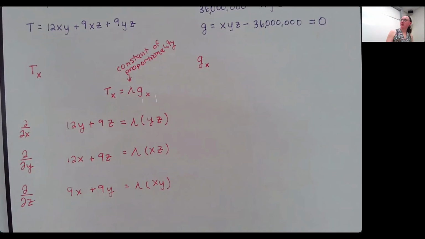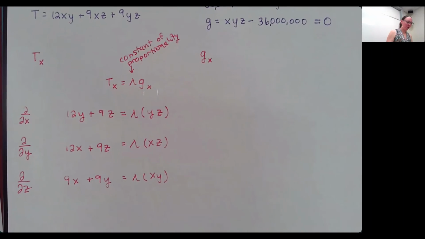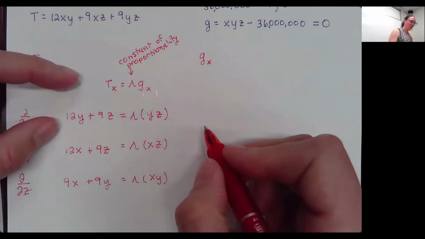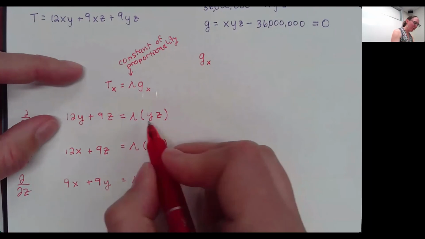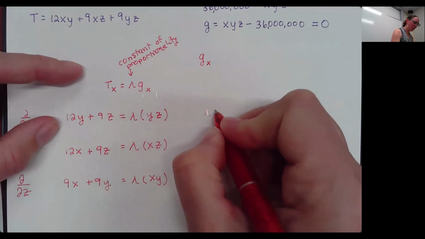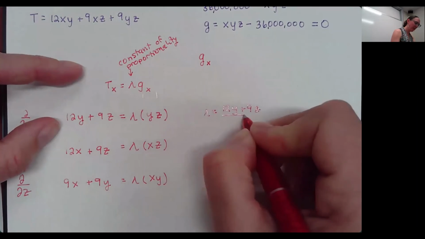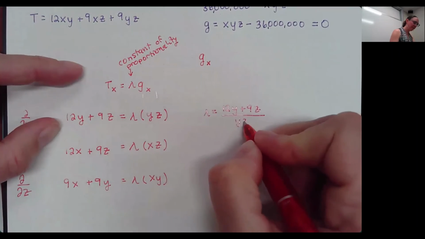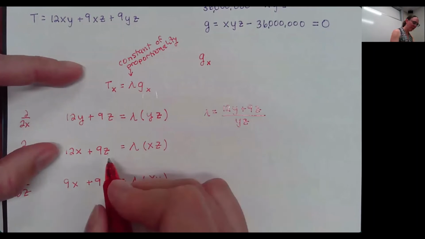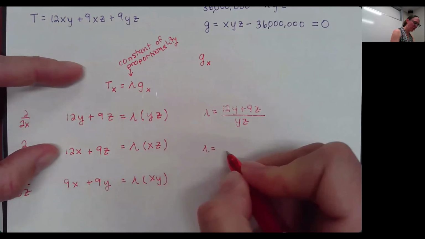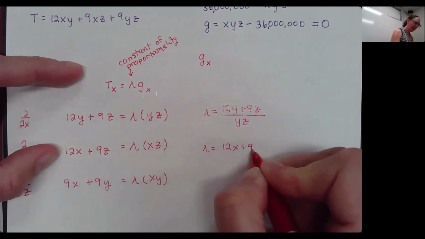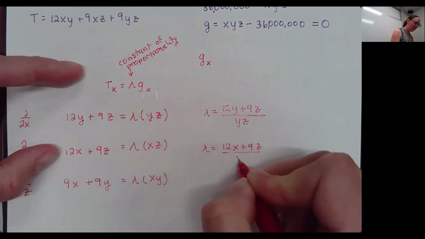I'm going to take each of those equations and rearrange them to say lambda equals. So that top equation becomes lambda equals 12y plus 9z over yz. That second equation becomes lambda equals 12x plus 9z over xz.